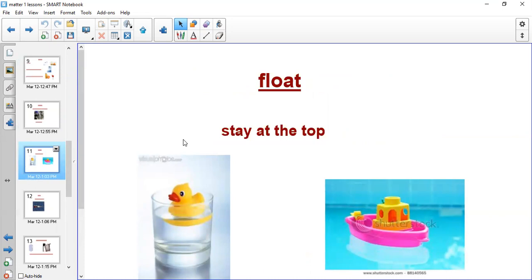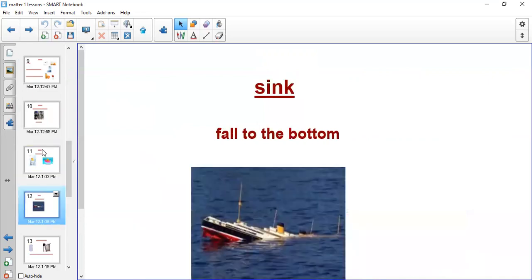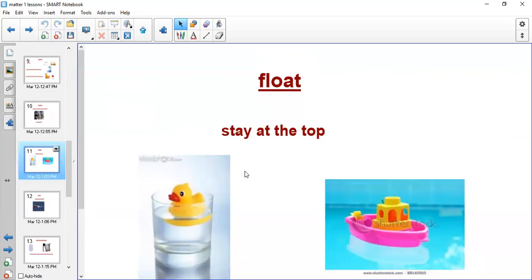There is a verb called float and another verb called sink. Float means that if you get a bucket and fill it with water and you throw in a duck, you will find that the duck stays at the top of the water. So we say that the duck floats. What's the meaning of float?